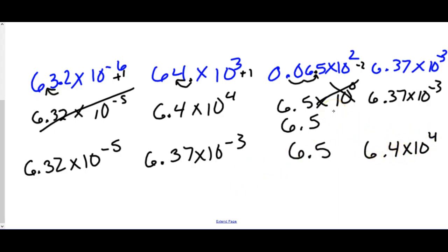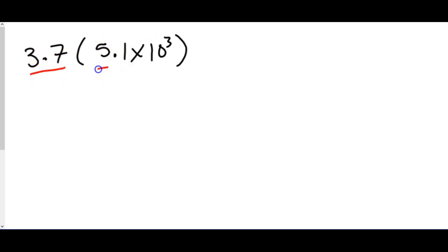So the last thing we can do with scientific notation is some multiplying. So let's say we have 3.7, just a regular decimal number not in scientific notation, times 5.1 times 10 to the third, which is in scientific notation. When you multiply a regular number times a scientific notation, you multiply the numbers in front together, 3.7 times 5.1.